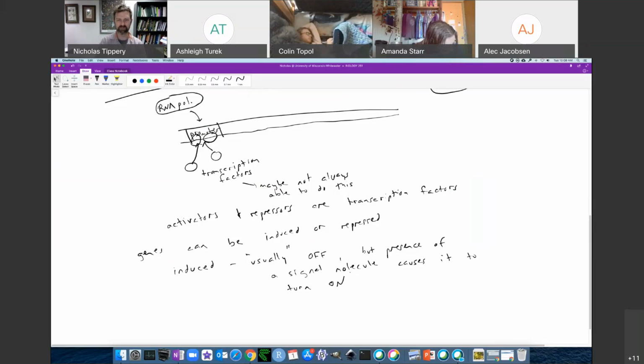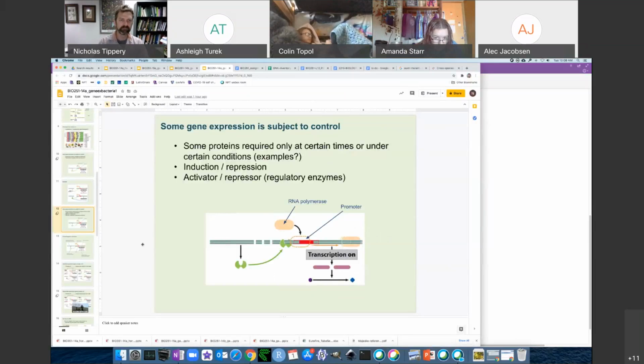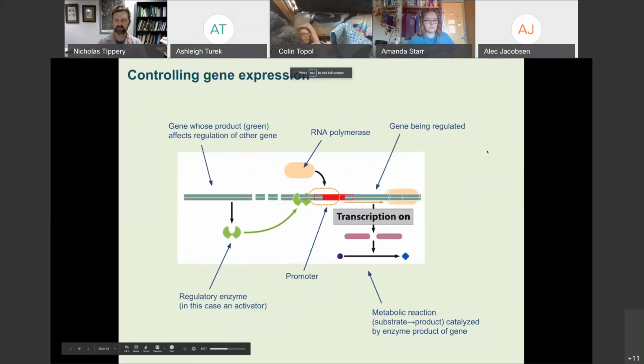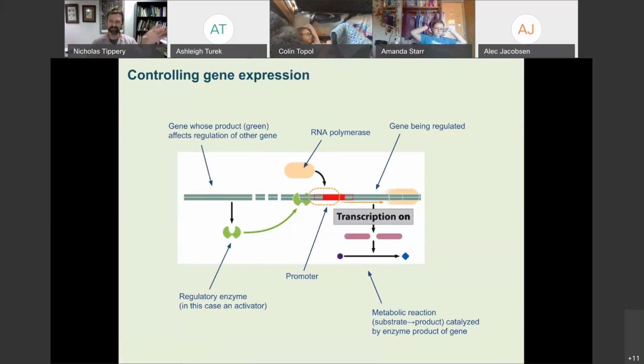And the way we're going to use this term inducing a gene is that the gene transcription is not on until the signal molecule comes into play and causes it to turn on. So we'll see some examples of these. We're going to see basically all kinds of variations in the way that genes can be usually on or usually off, turned on, turned off, turned on by activators, turned on by repressors. We're going to see the whole set. And unfortunately, it's a little bit to keep track of, but once you get the perspective for how this all works, I think it all fits together pretty nicely.